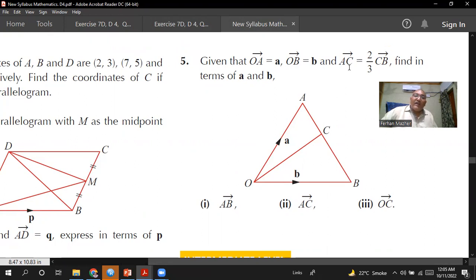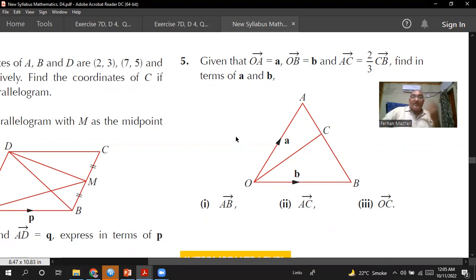If you write the CB downstairs here, that will mean that A to C is 2, C to B is 3. So this portion will be 2, this portion will be 3. This whole portion in terms of ratio will be 5. So these are 2 pieces, these are 3 pieces. The total we have made 5 pieces of the AB.